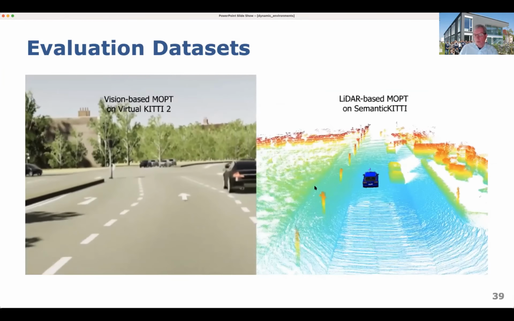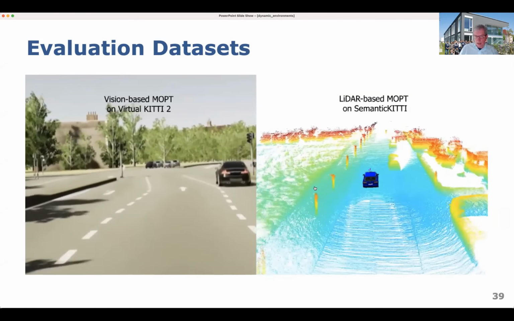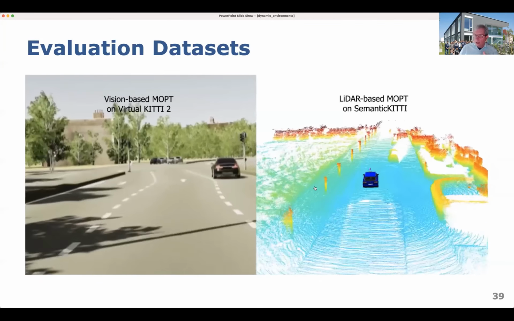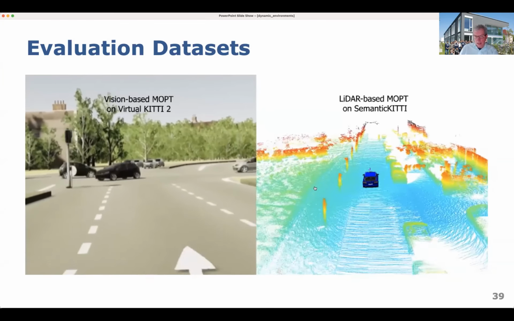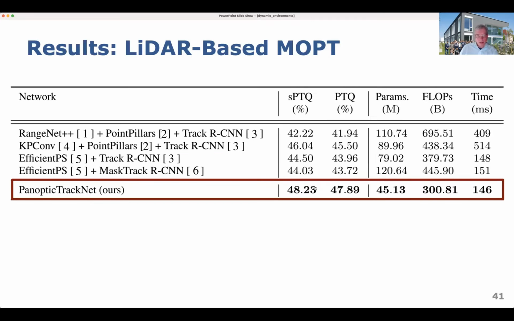There are two applications of this: a vision-based application where you only use vision data on the Virtual KITTI 2 data set, and a LiDAR-based version where we applied it to SemanticKITTI. On both data sets we outperformed the state of the art. So this is for the LiDAR-based one. You can see here with respect to the panoptic tracking quality the highest score of this approach.